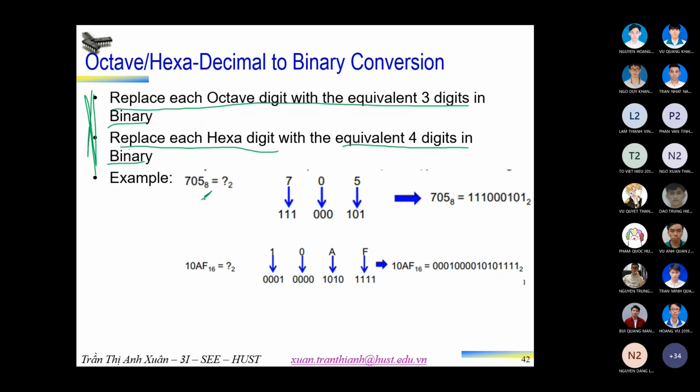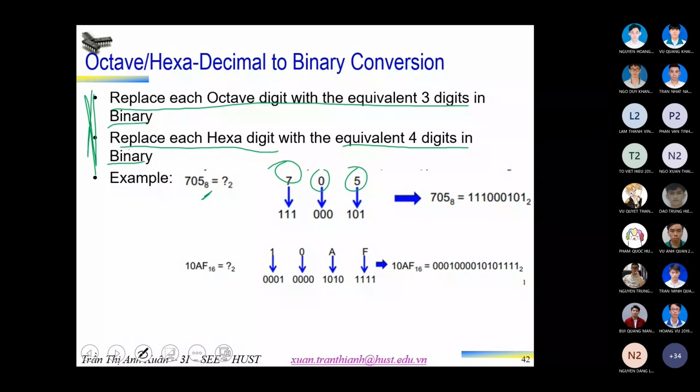The number 5 is equal to 101 in binary, the number 0 is equal to 000 in binary, and the number 7 is equal to 111 in binary.